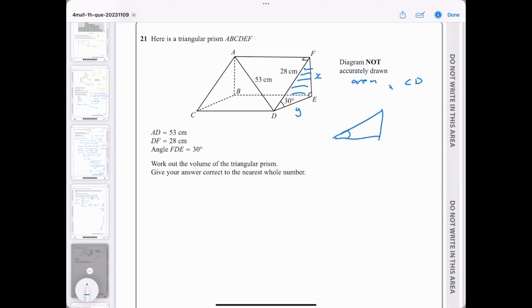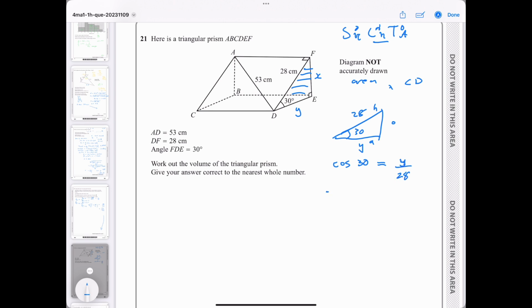to find y, we've got 28, we've got 30, so this would be AOH, so we could do cos of 30 equals, so it's cos of 30 equals y over 28.